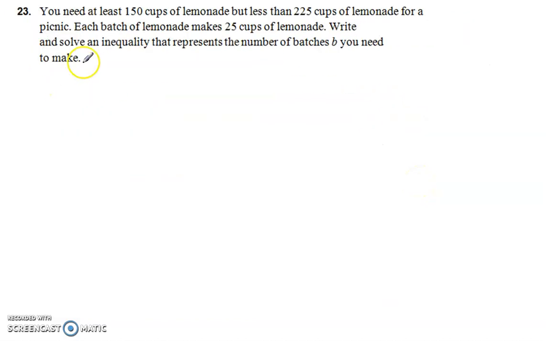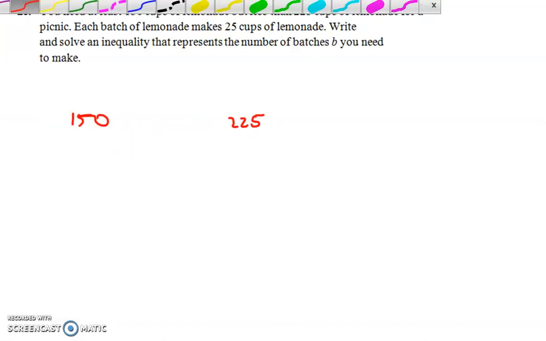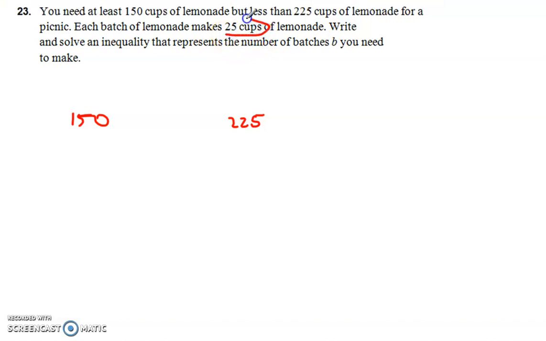Alright, you need at least 150 cups, but less than 225 cups. So we need to be within this range from 150 to 225. And then we have 25 cups of lemonade that each batch makes.